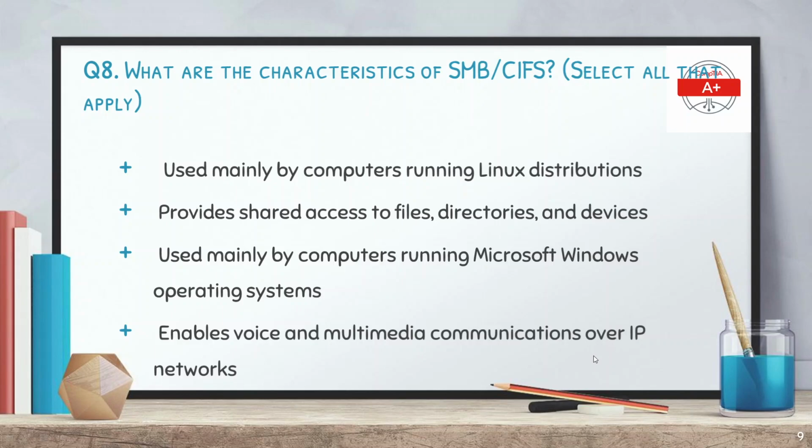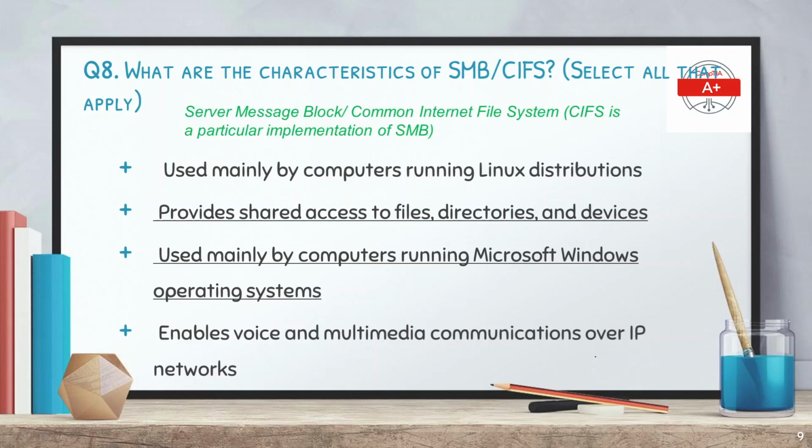And the correct options are, it provides shared access to files, directories, and devices, and it is mainly used by computers running Microsoft Windows operating system. So the SMB, Server Message Block, and the CIFS, Common Internet File System, are almost the same, interchangeable to each other, but we can say that CIFS is a particular implementation. It is the latest version of the SMB, we can say as such.